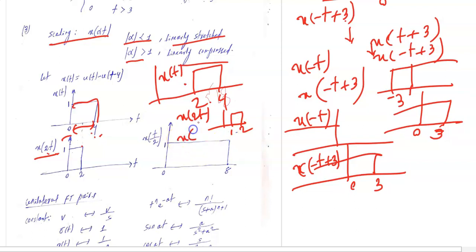And x(t/2), just multiply by 2. In the same way, always divide by whatever alpha is. So this will be like this, 4 and 8.